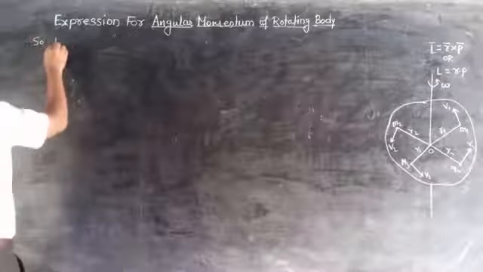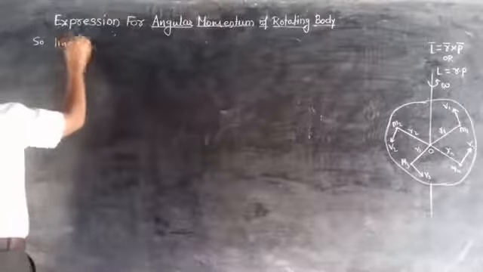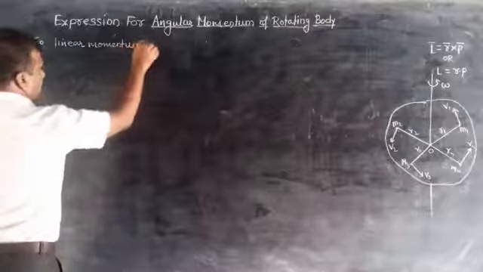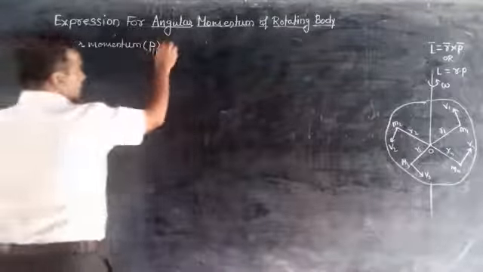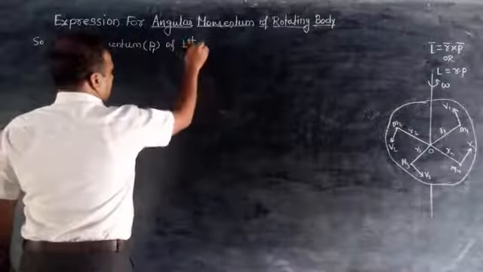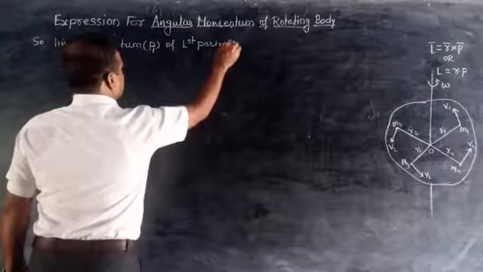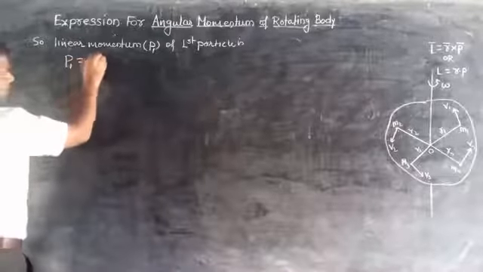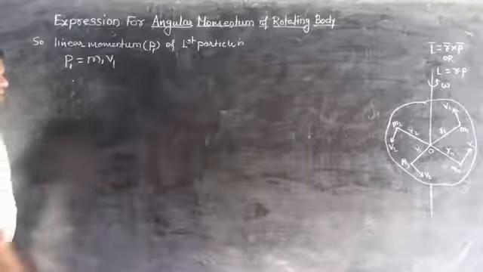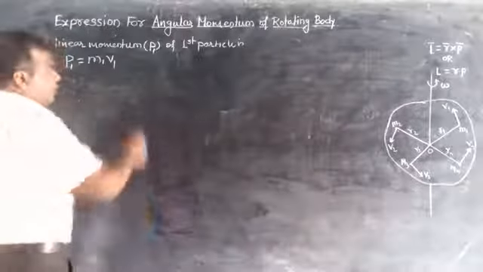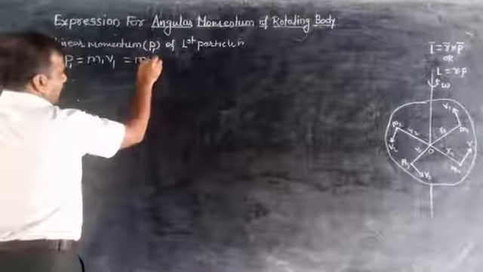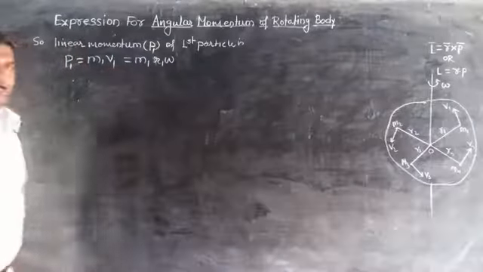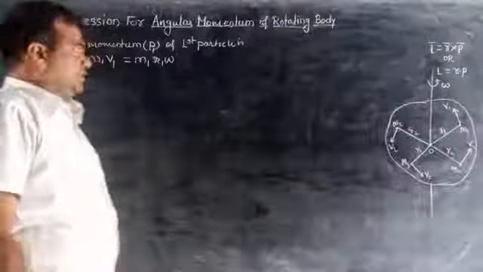So the linear momentum P1 of the first particle is P1 is equal to m1 v1, but v1 is equal to r1 omega. It means P1 is m1 r1 omega, as omega is constant.